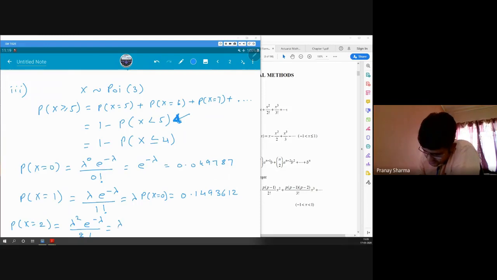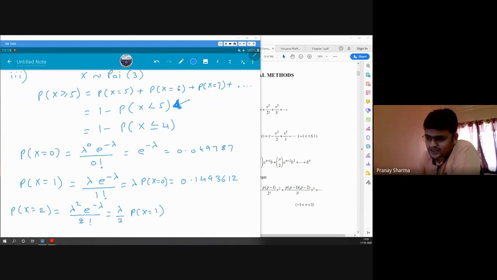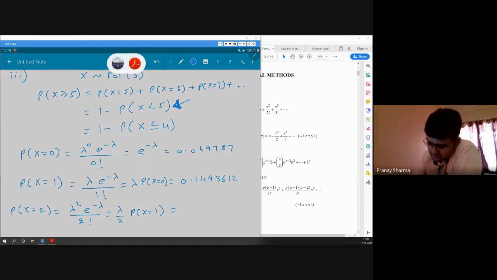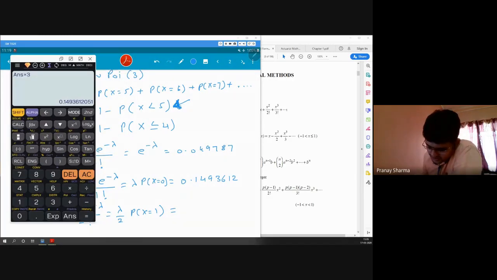I can say that is nothing but lambda by 2 into probability of 1. One lambda has been multiplied and 2 has been divided. So again I can use this answer and multiply by lambda, that is 3, divided by 2. We get 0.22400418.